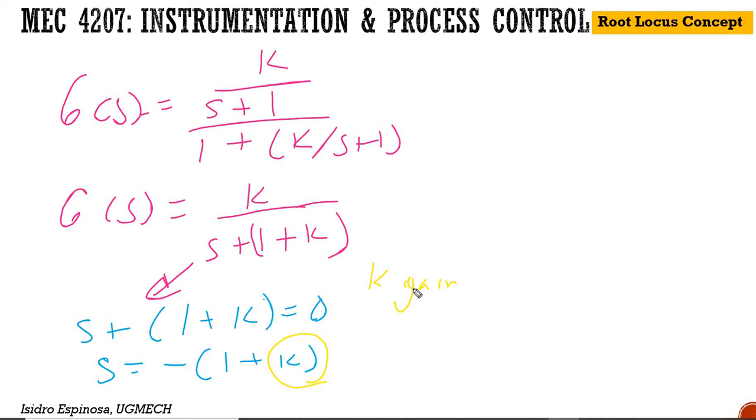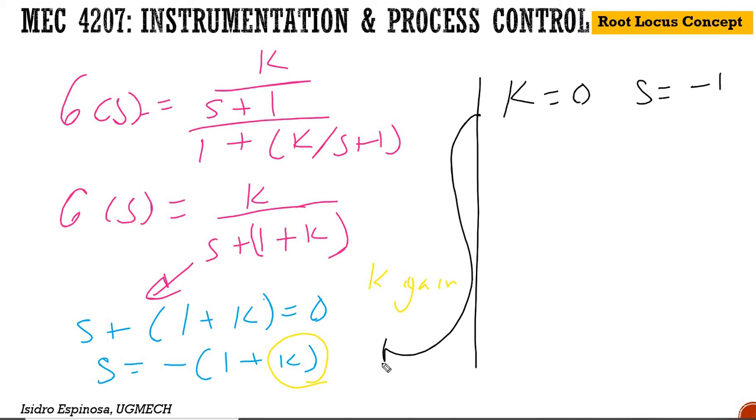So in this case, when we add values to k, right? When k is equal to 0, s is equal to minus 1.